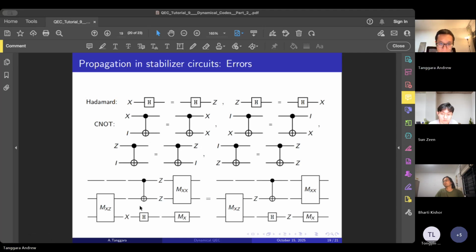Say I have this X error there, then I'm just gonna use this rule for the Hadamard, so I can move that, and that's equivalent to having this Z error there. And for the CNOT here, if I have these two Z errors, that's equivalent to just having this one qubit Z error there.